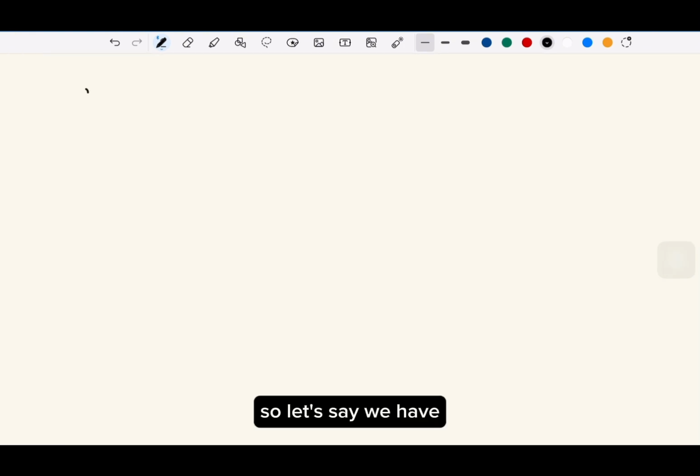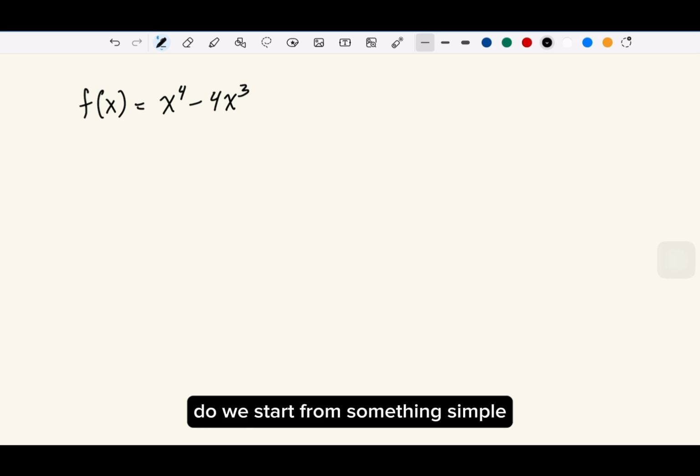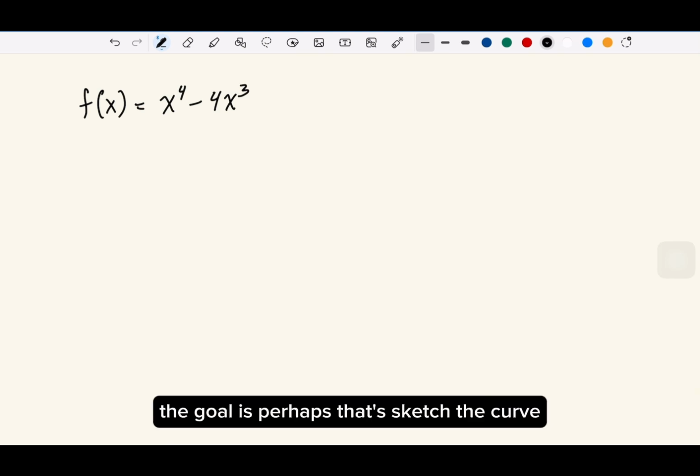So let's say we have this. We start from something simple. The goal is perhaps to sketch the curve.